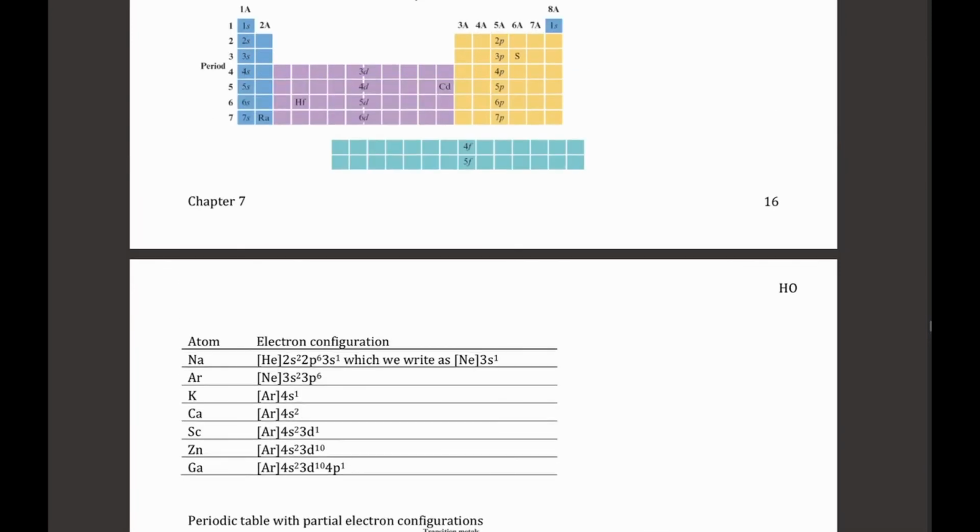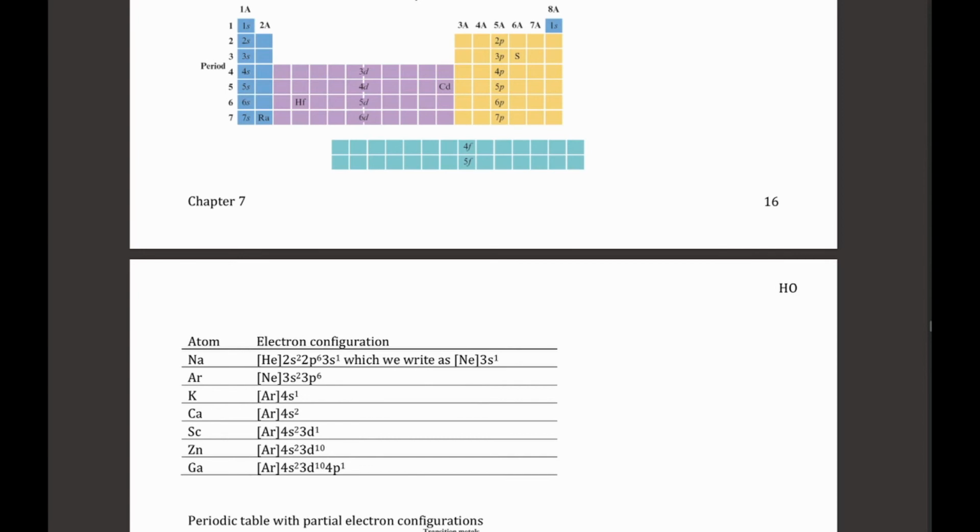Now I hope you've got that periodic table in front of you. Otherwise, pause and go get one. Nitrogen, or no, we're at sodium. So sodium has 11 electrons. If we put them in our energy level diagram, we would find that the electron configuration is, if we did helium, [He] 2s2, 2p6, 3s1.